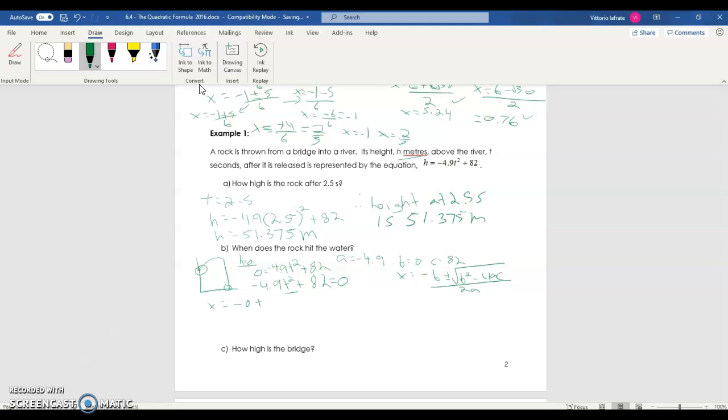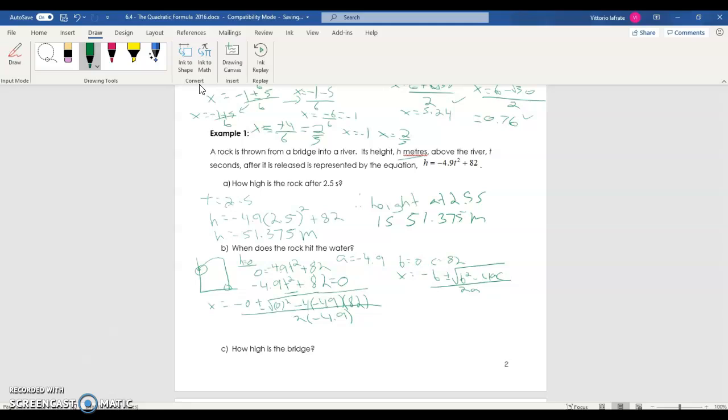So minus 0 plus or minus square root of 0 squared minus 4 times a, which is negative 4.9, times c, which is 82, all over 2 times negative 4.9.